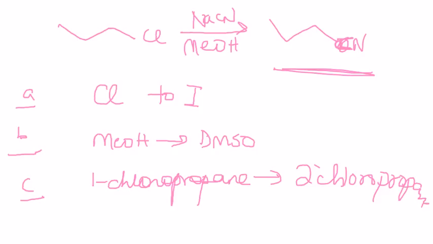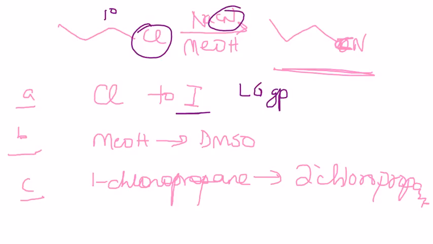Realize that if you are going from Cl to I, that means that you are making the leaving group better. And since this is an SN2, hopefully you can identify that this is primary, and it's a good leaving group and a good nucleophile. Because it's primary, you assign it an SN2 reaction mechanism, and so that is not really contingent upon your good leaving group, but of course it helps any substitution reaction if you have a good leaving group associated.